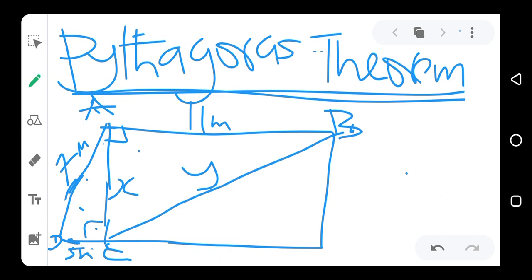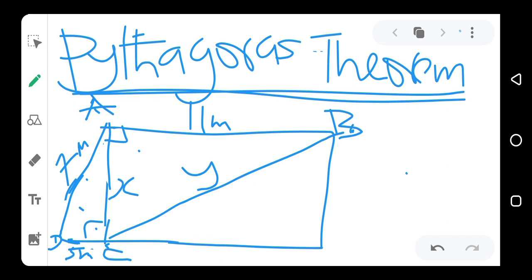Now, which one do we have two sides of given to us? If we look at ACD, we know AD and we know DC, but we don't know AC. So we can determine AC.